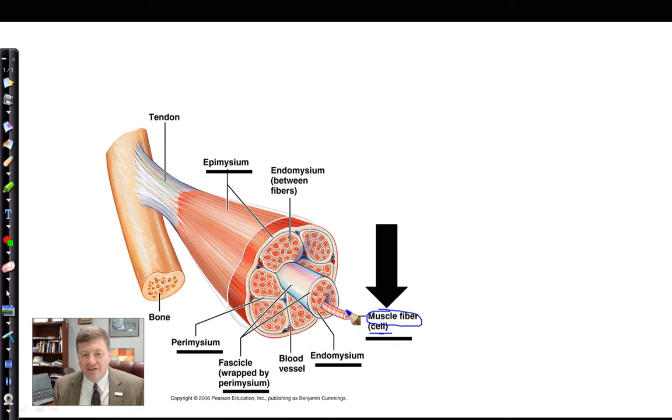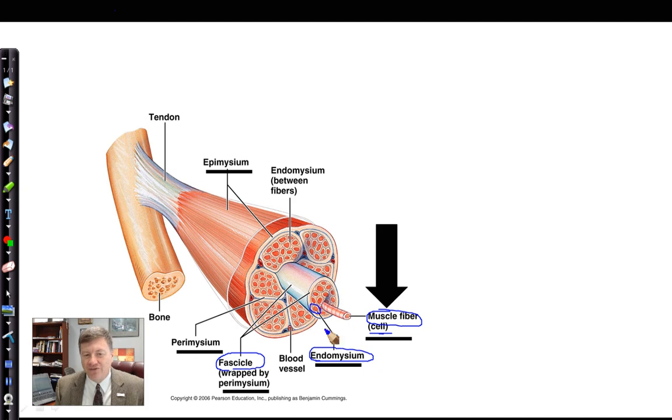Okay, each individual muscle cell is wrapped in its own wrapper called an endomysium, kind of like the fiber is the straw, and this little white layer around here represents the endomysium. Awesome. I could have a bunch of these individually wrapped muscle fibers, all wrapped in their endomysium, in a box, in a unit, and the unit is called a fascicle.